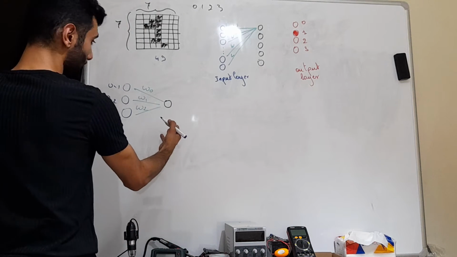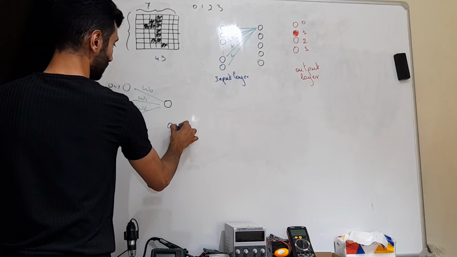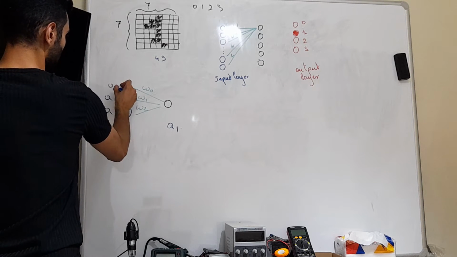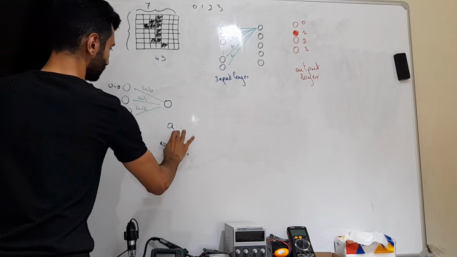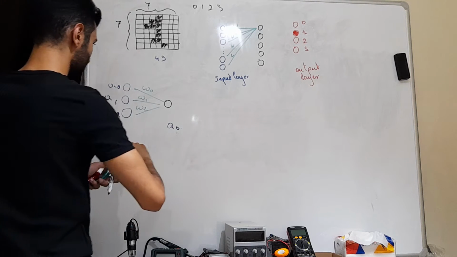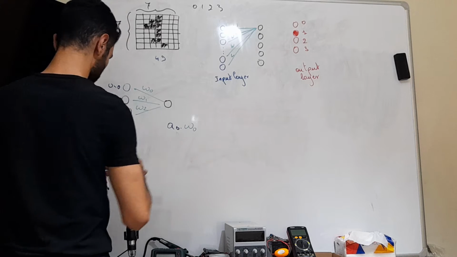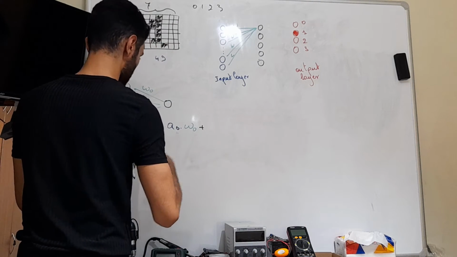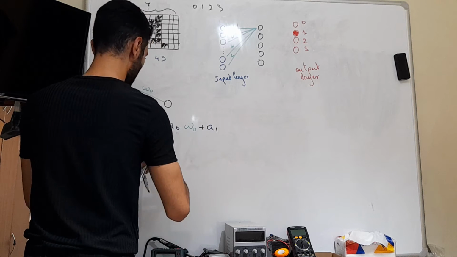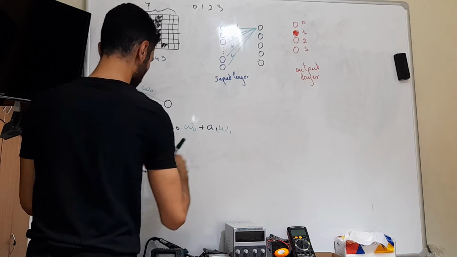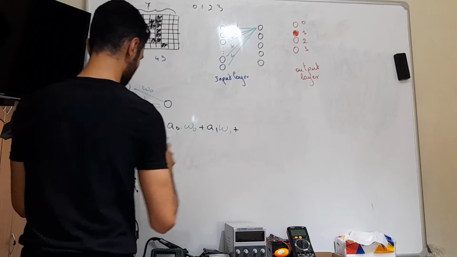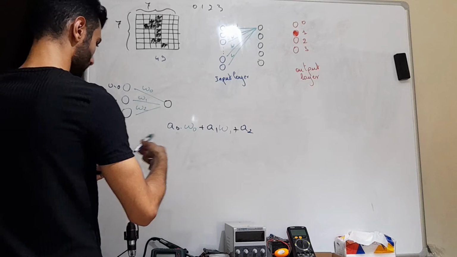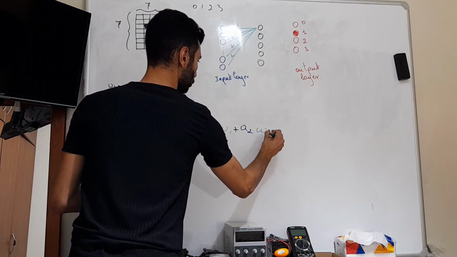that the mathematical function is like this: A0 times W0 plus A1 times omega 1, or W1, plus A2 times W2.